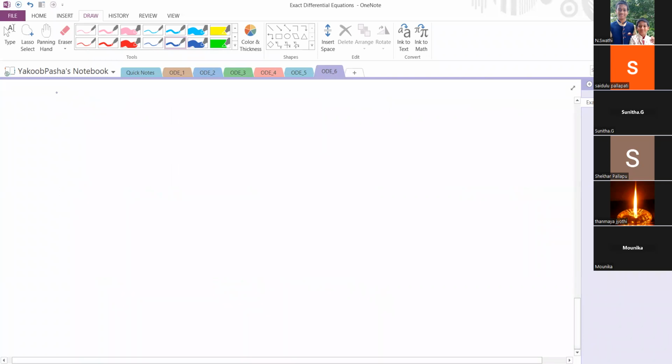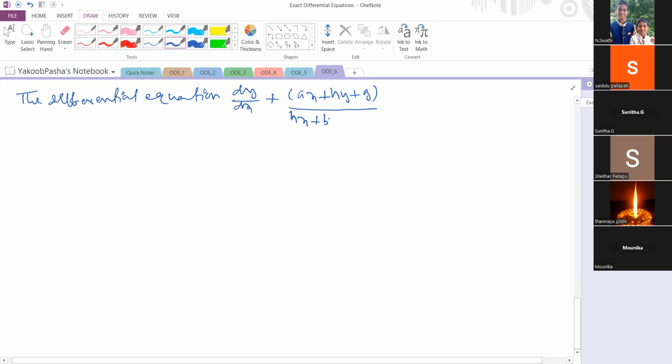The differential equation dy by dx plus (ax plus hy plus g) divided by (hx plus by plus f) equal to 0 is.